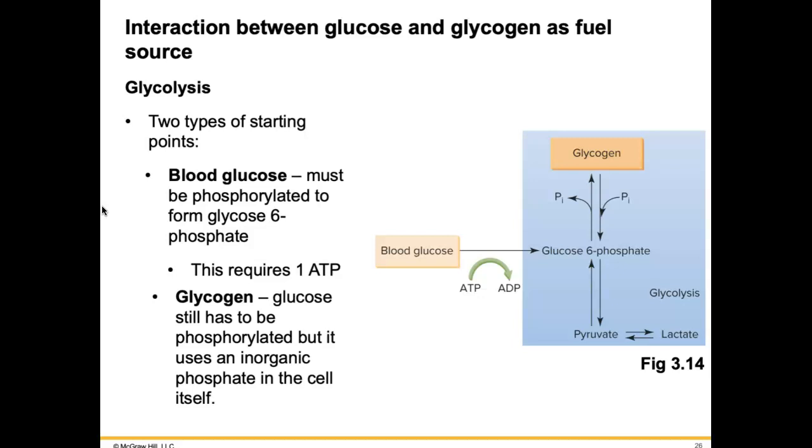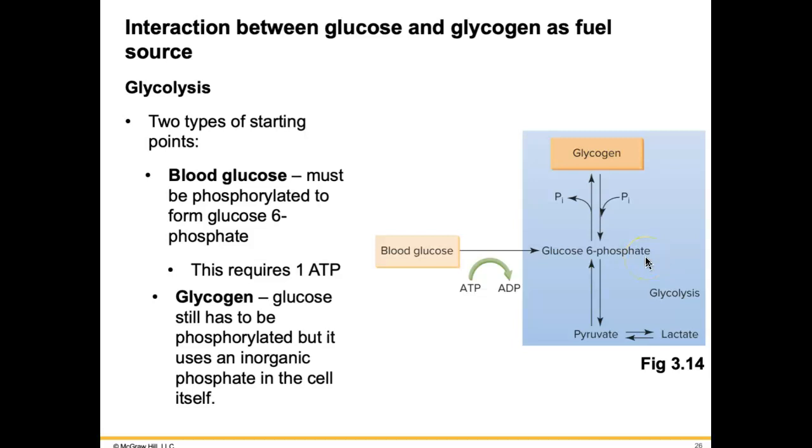So there are 2 starting points. We can either use glucose from our blood, which then we have to utilize ATP in order to phosphorylate it to turn it into glucose 6-phosphate. But if we're starting with glycogen from the liver, it has to be phosphorylated, but we don't have to spend 1 ATP molecule in order to get it to turn into glucose 6-phosphate.